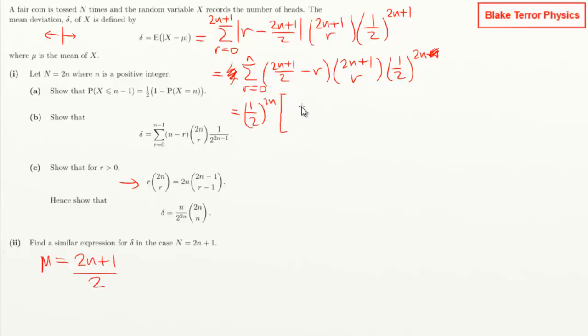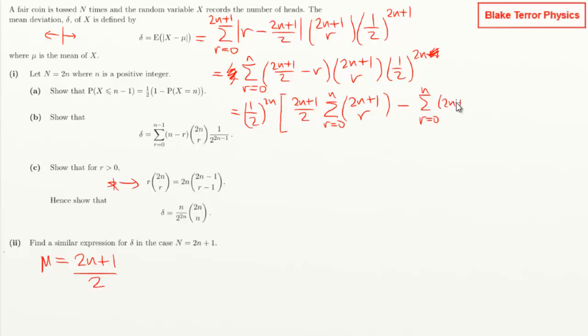And then I'm going to have a sum of (2n plus 1) over 2 times this sum. So r is 0 to n of these choose numbers, 2n plus 1 choose r. Then I need to take off the sum from r is 0 to n of, now I'm doing this substitution. So 2n has now become 2n plus 1.